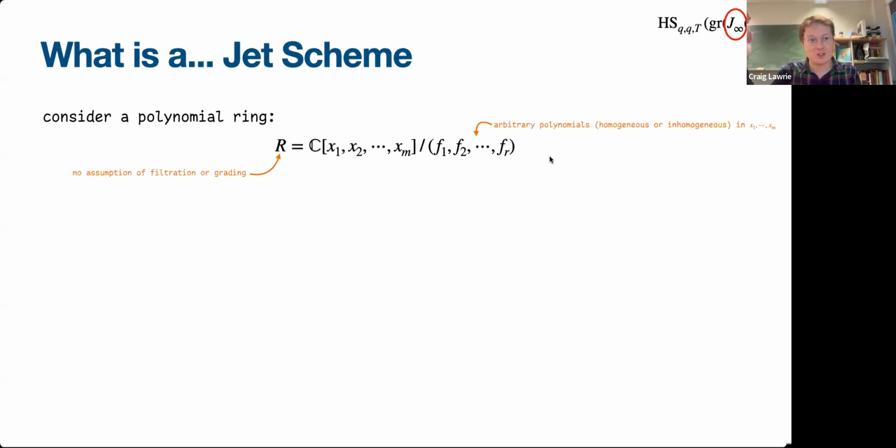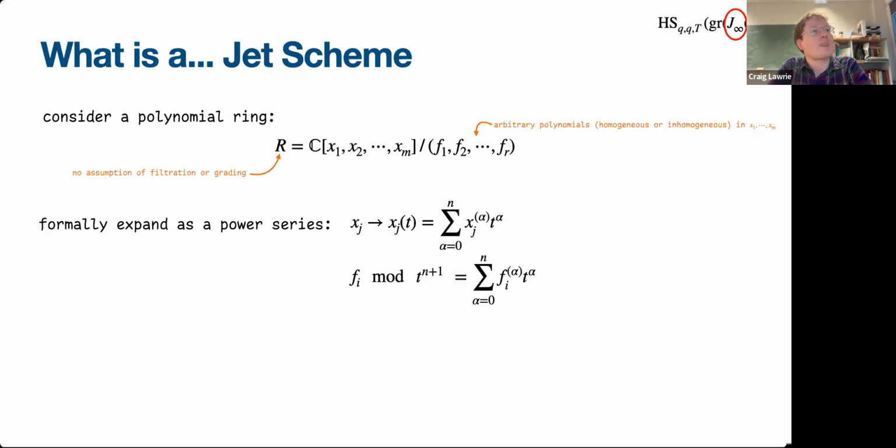They can be homogeneous, inhomogeneous. At this point, we don't care about the extra structure. We just care about the basic ring structure. So I'm not assuming a filtration or anything now. We can formally expand each of these coefficients as a power series, and of course also expand the generators of the ideals, the f_i, as a power series.